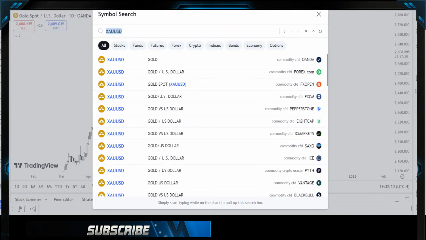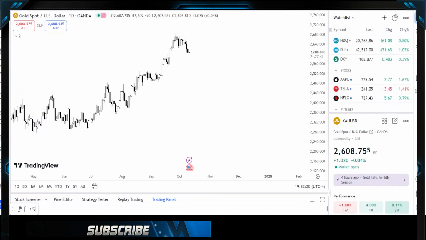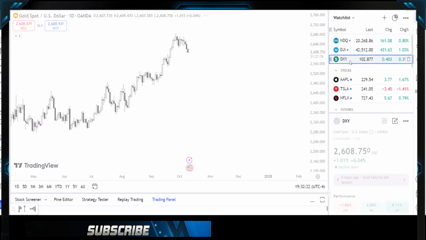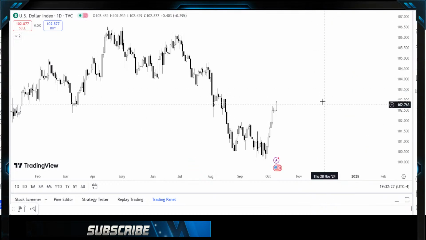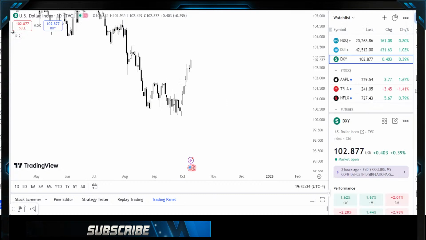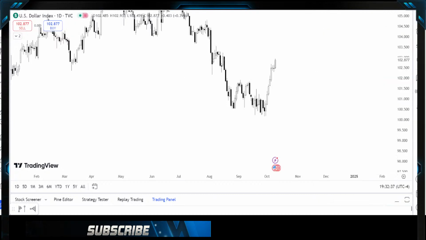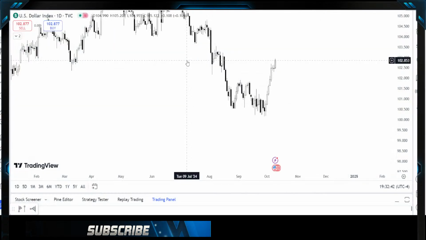But I want us to now go and check on the DXY and see the difference of why you cannot solely rely on the DXY to tell you that you need to buy or you need to sell. Now look at this, because you can even point out that there's some days that the DXY has been really slow.